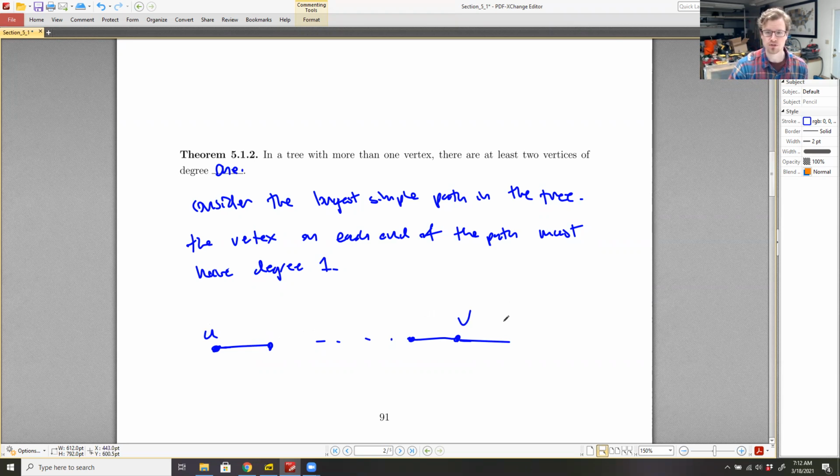And I could go to w, and uw would be a longer path. So that would be a contradiction to this one being the longest. And again, we can't have both of those things happen. So uv must have been the longest, and they would both have to have degree 1. So at least 2 vertices have degree 1.